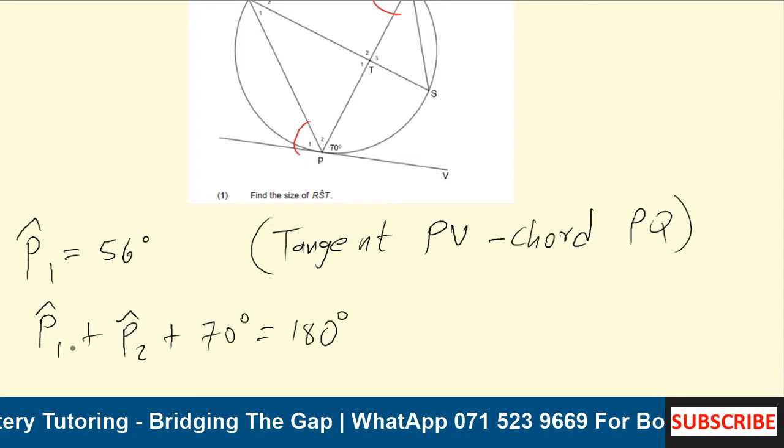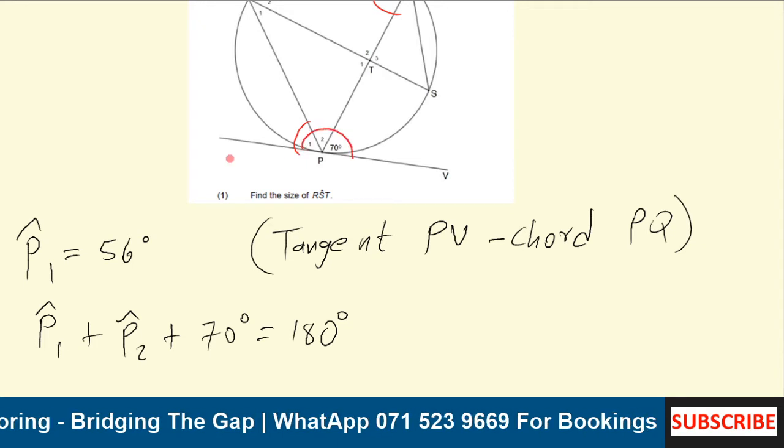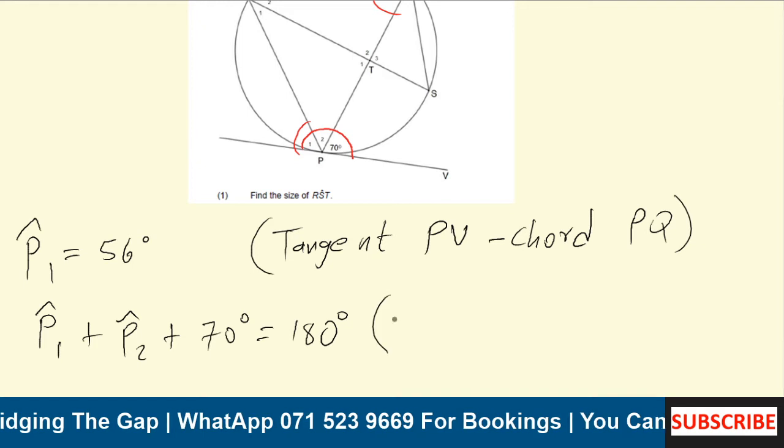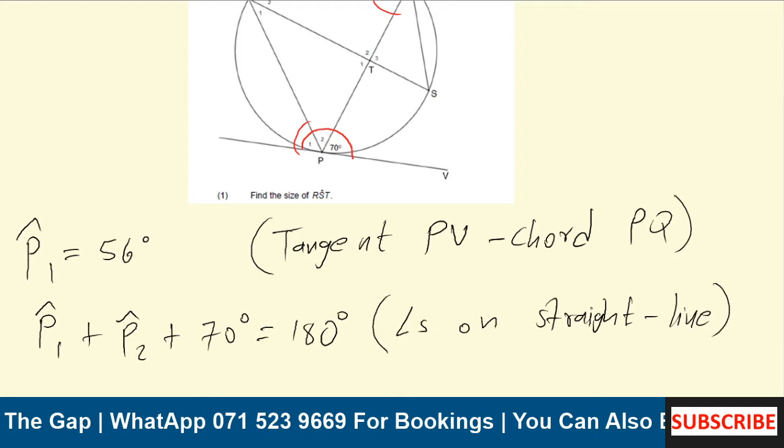Basically I'm looking at all these angles along the straight line PV, the tangent PV. Adding all of these angles gives you 180 degrees. The reason is angles on a straight line.